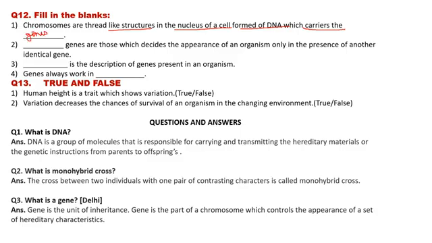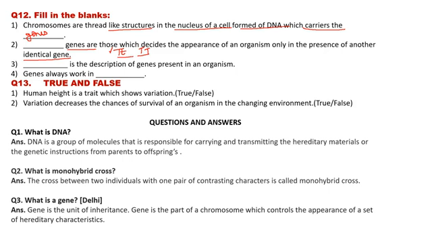Dash genes are those which decide the appearance of an organism only in the presence of another identical gene, right? So whenever there are identical genes, only then can these genes show their appearance. So see, if I write capital T and small t, and if I write capital T and capital T, in both cases I can see that even in the heterozygous condition, the tall appearance is quite visible in the progeny, right?